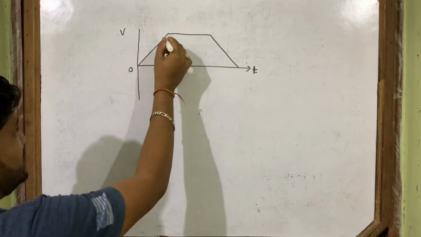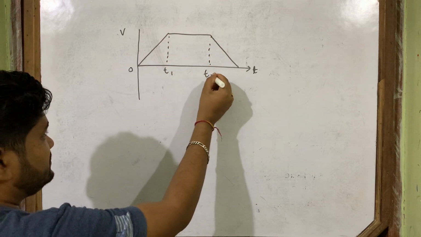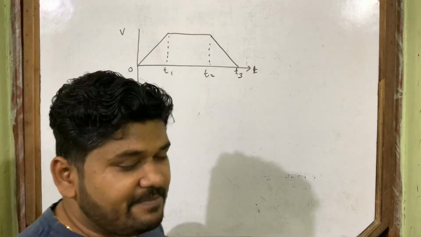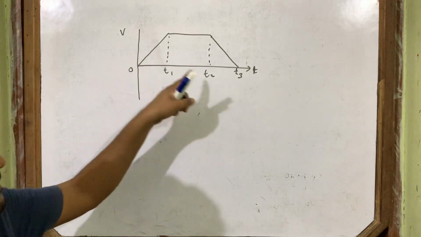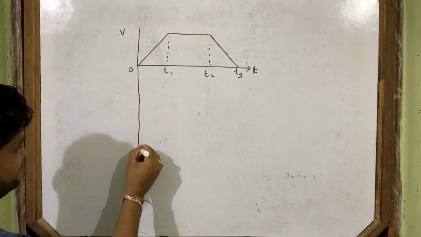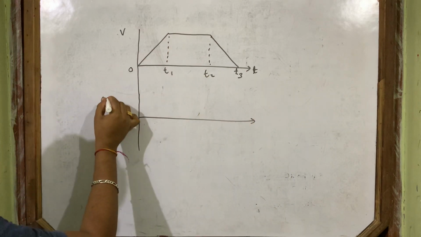The 0 point. This is T1 time. This is T2 time. This is T3 time. The body travels for total T3 time. And the velocity time graph is like this. The question will be asked to draw the acceleration time graph. From graph to graph question.